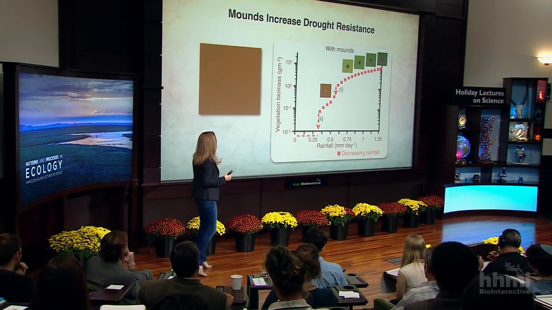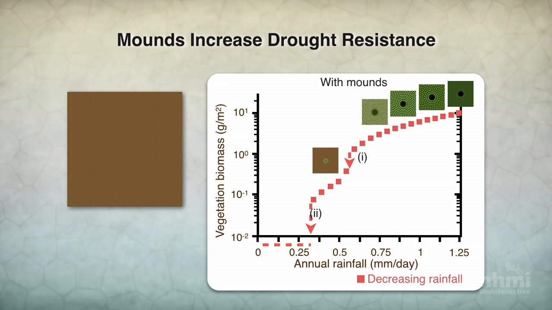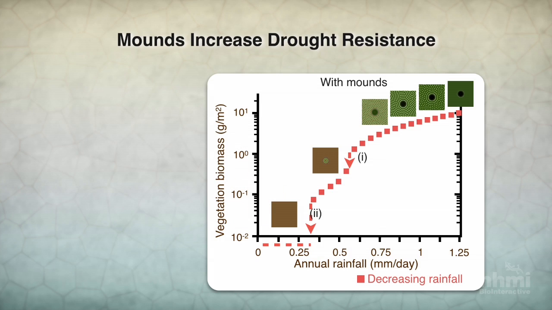But basically what termite mounds are doing is they are increasing the ecosystem's resistance to drought. They are somehow creating these kinds of refugia for the vegetation to persist, even when otherwise it would be lost everywhere else in the system. And of course, eventually we do get the desert.